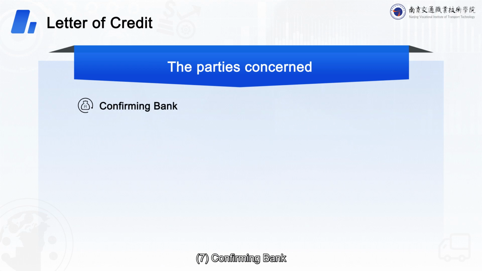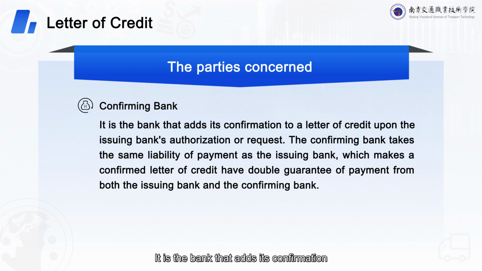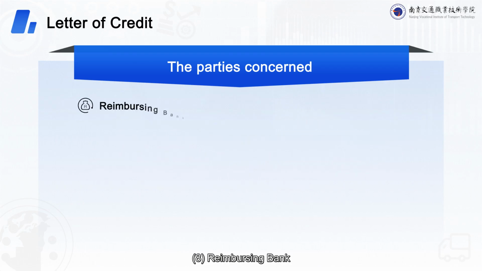7. Confirming bank. It is a bank that adds its confirmation to a letter of credit upon the issuing bank's authorization or request. The confirming bank takes the same liability of payment as the issuing bank, which makes a confirmed letter of credit have double guarantee of payment from both the issuing bank and the confirming bank. 8.